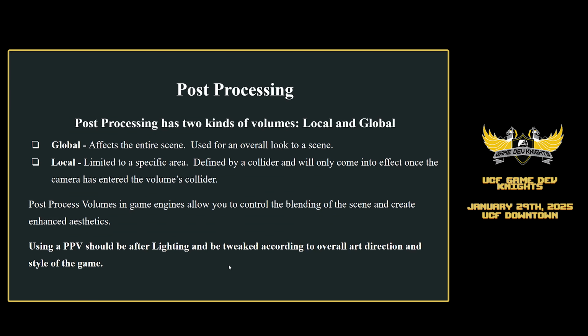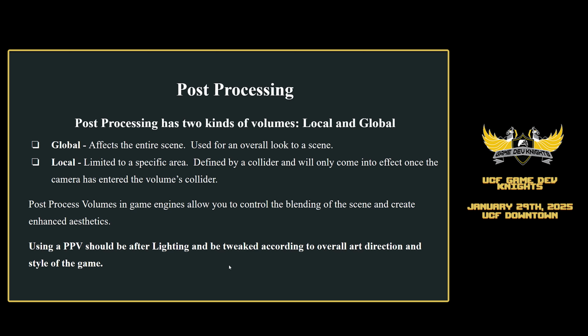All right. So post processing. I love post processing. This is a really, really good technique to use for your scenes. So with post processing, there's two different types of volumes. We've got a global volume, as I was mentioning with the reflection probes earlier. Global means it's boundless, it's going to affect the entire scene, and you can have multiple volumes in the scene.